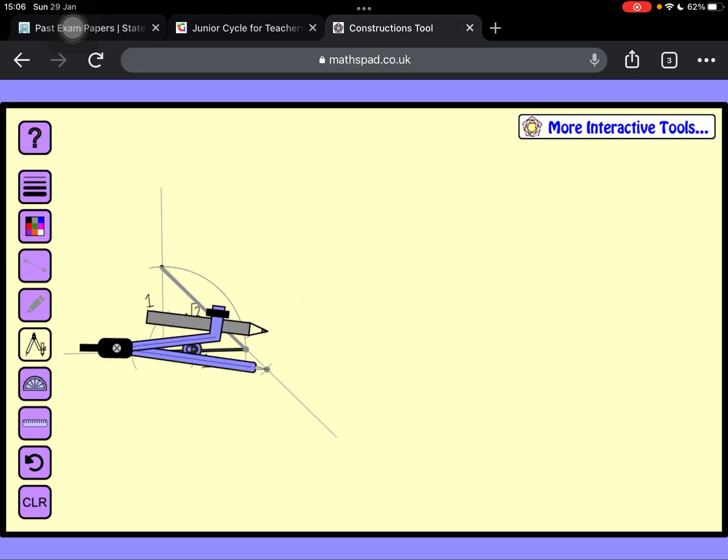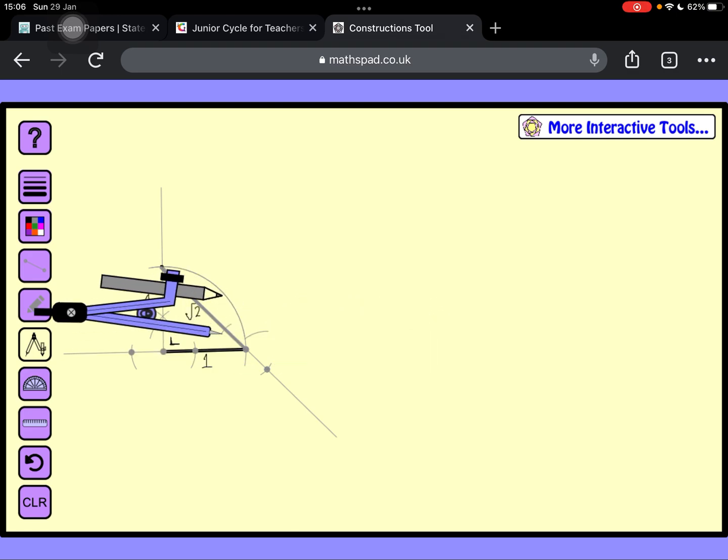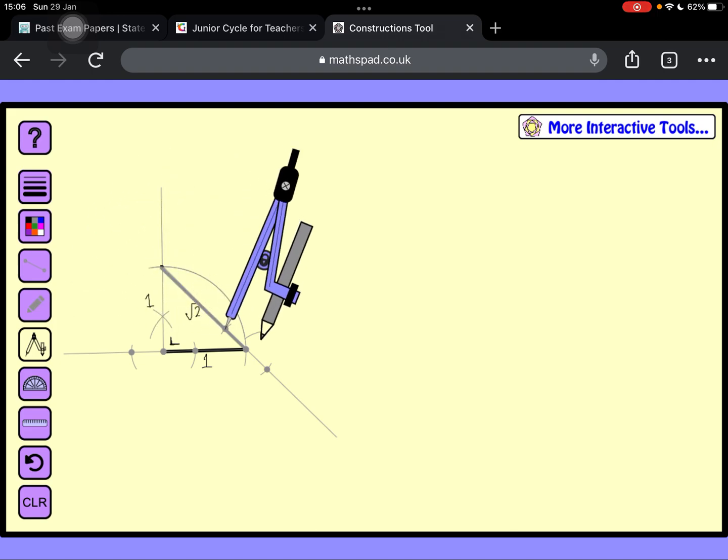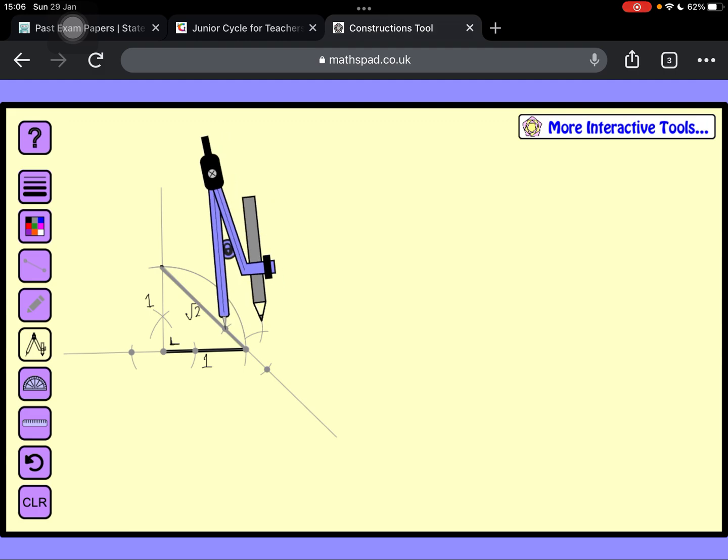And I'm going to draw an arc from one side and likewise an arc from the other. So not touching the pencil between moving the compass from here and here. It shouldn't be touched once, even drawing the arc. So that is my new intersection point.